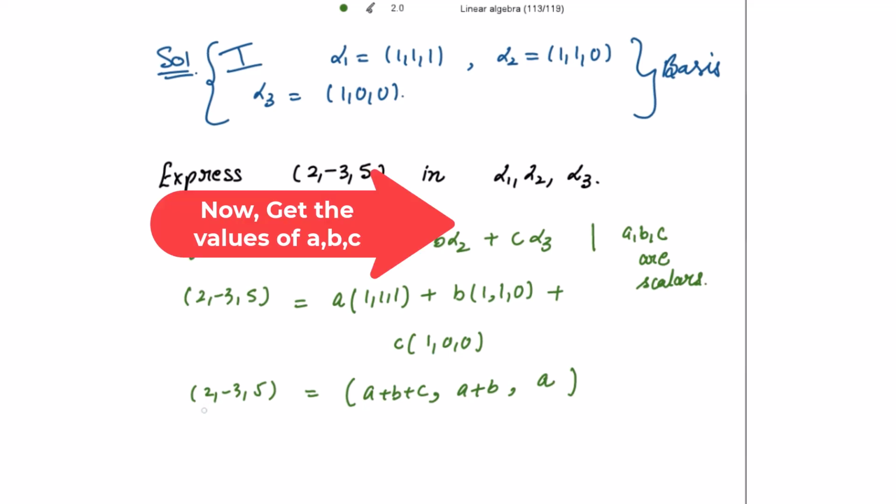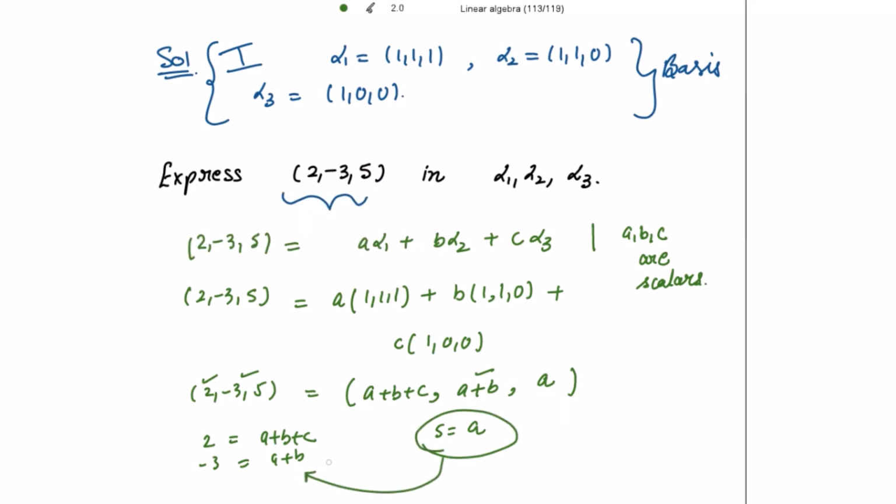Let's compare the elements. The first element 2 is equal to A plus B plus C. The second element minus 3 is equal to A plus B, and 5 is equal to A. So we are getting the value of A to be 5. If I put this value in the second equation, we can get the value of B, right?